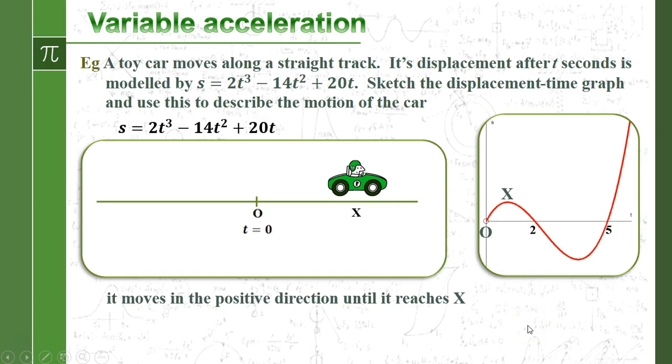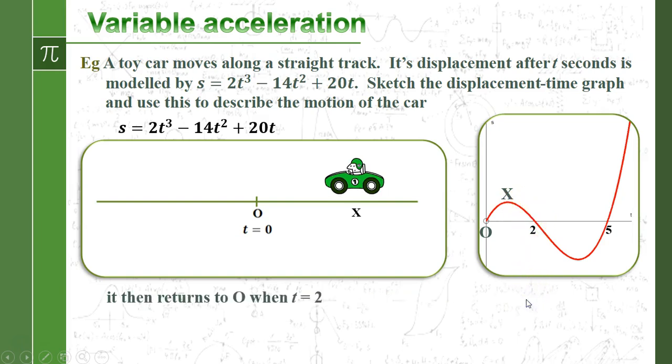So point x. We can also see at that point, if you think about your calculus, if this is displacement, we've got a turning point. That's when ds/dt, the change in displacement over change in time, is 0, i.e. the velocity is 0. So effectively it's accelerated away, and then it's slowed down again and come to a stop. At which point, in this section of the graph, the car is moving back towards the origin.